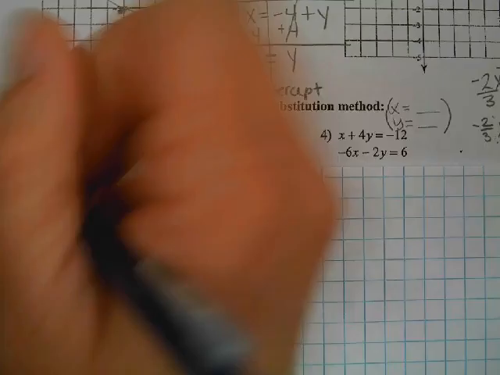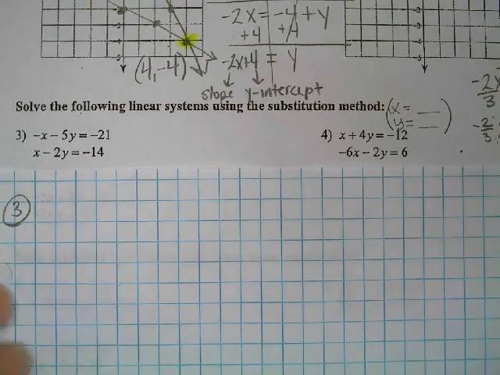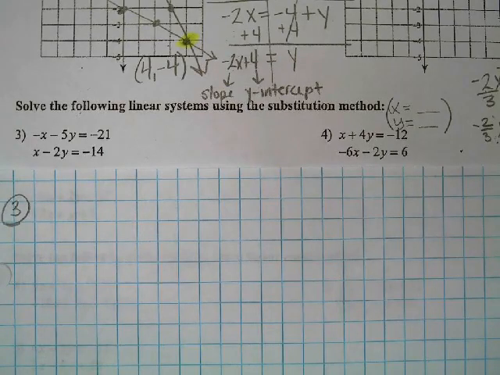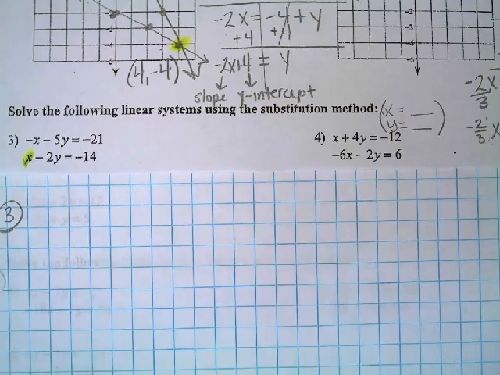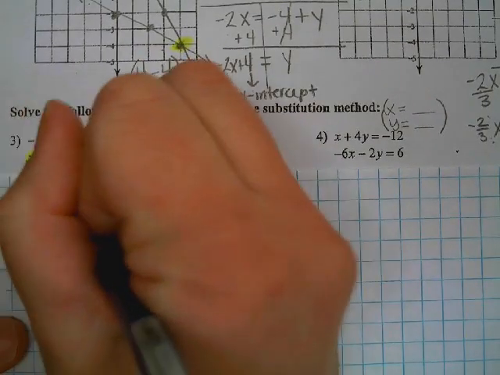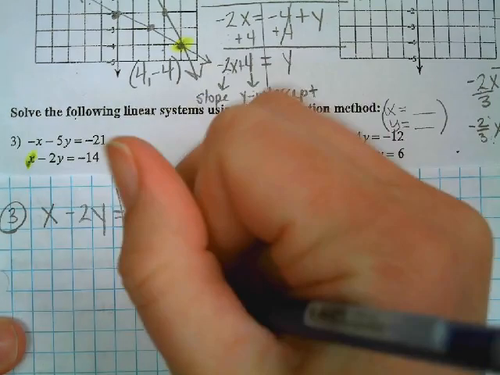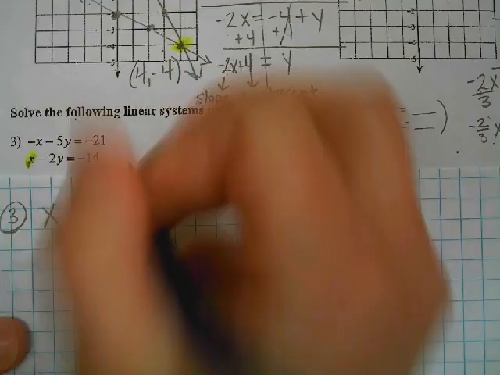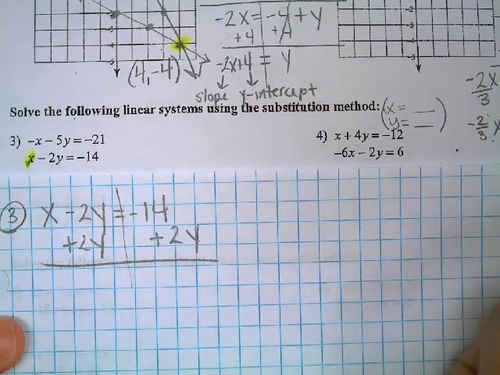So looking at number 3, I could start out with the second equation and solve that for x. So if x minus 2y equals negative 14, I could get x by itself just by adding 2y to both sides.